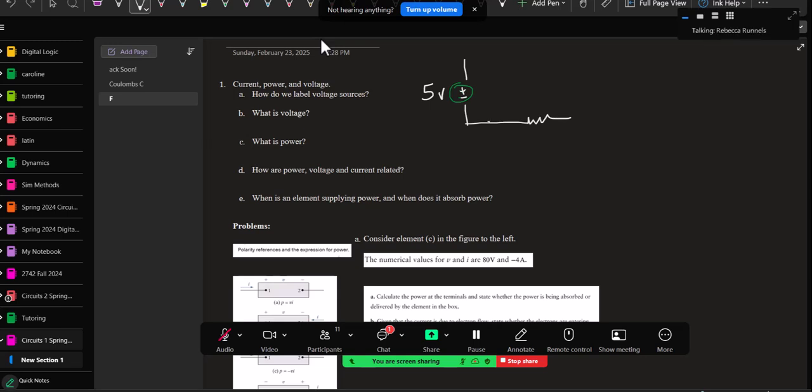So if I make this ground 0, then on the positive side, it's going to be 5 volts.